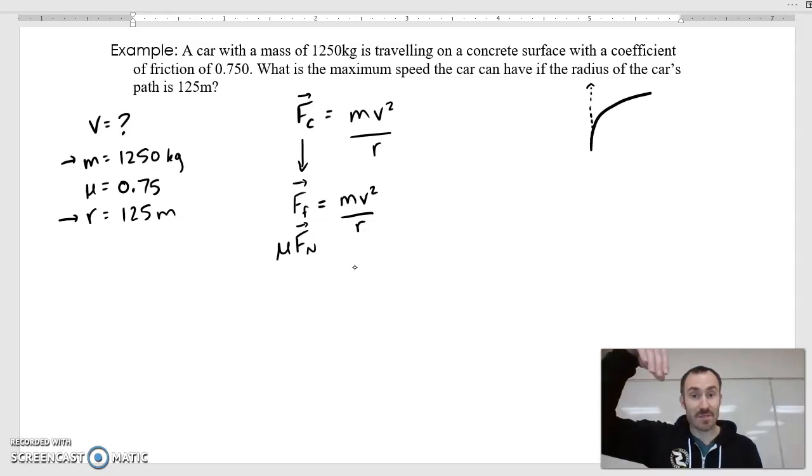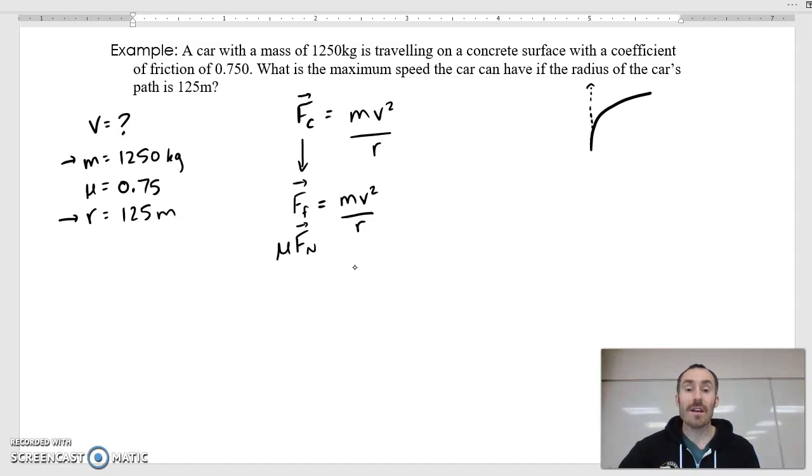The force of gravity is pulling everything down, and since this car is not accelerating through the road or being tossed in the air, then it's got to have a balance between the normal force and the force of gravity. And so this becomes mu mg, where mg is the force of gravity, equals mv squared over r.